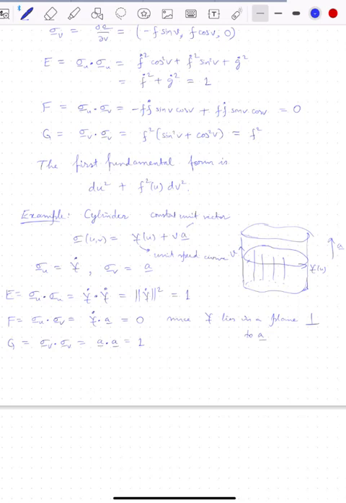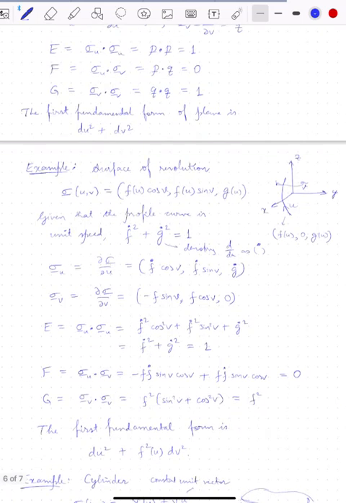So the first fundamental form of the cylinder is E du squared, with E equal to 1, plus F, which is 0, and G is again 1. And this is the same as that for a plane.